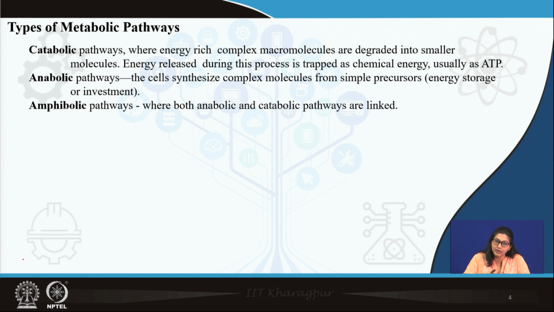Now, what is catabolic pathway? You must be knowing it, still I am revising it, that catabolic pathways are where the energy rich complexes or macromolecules are degraded into smaller molecules, and during this process energy is released, and that released energy is trapped inside ATP, that is the energy currency in our cell, as well as different high energy phosphates or high energy molecules in our body.